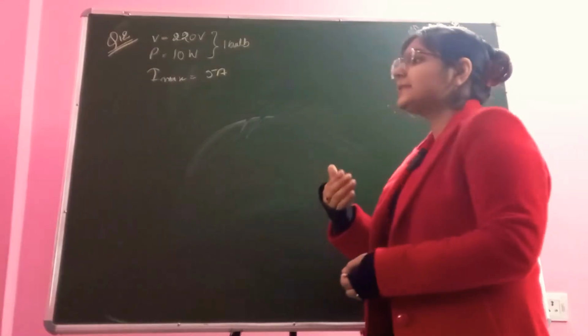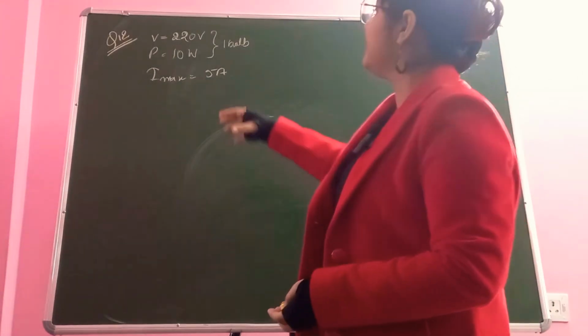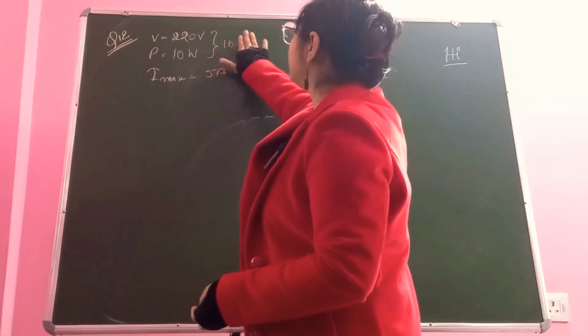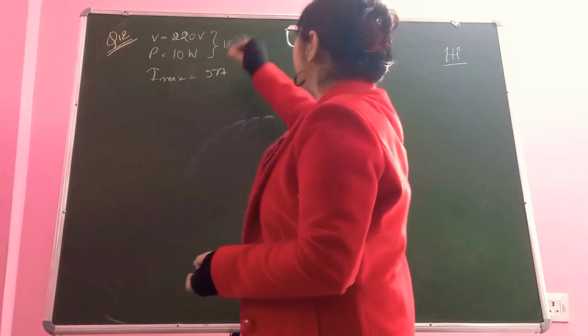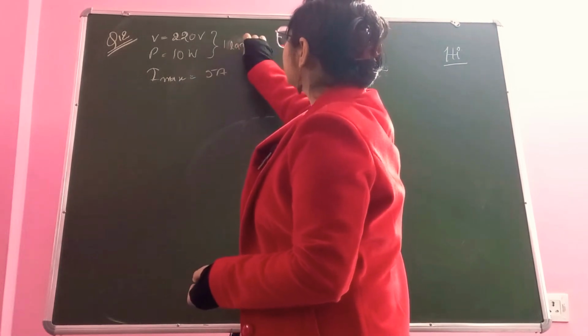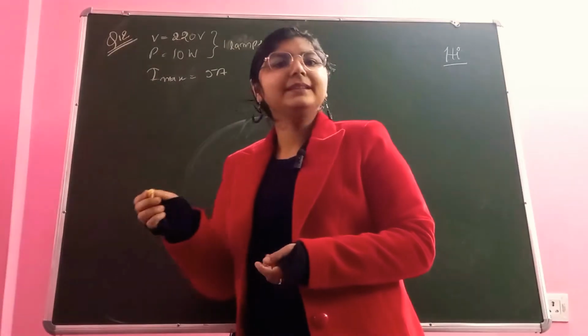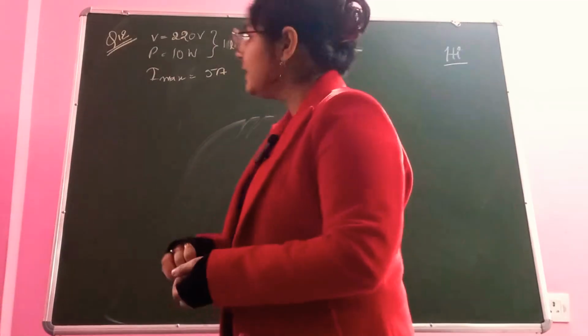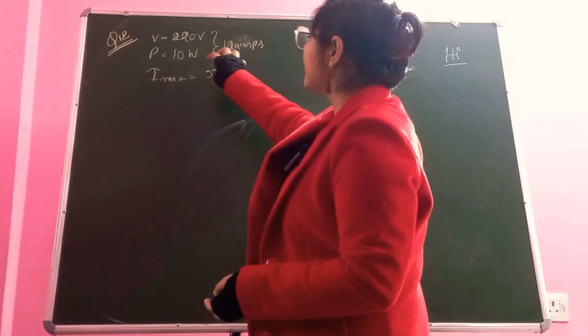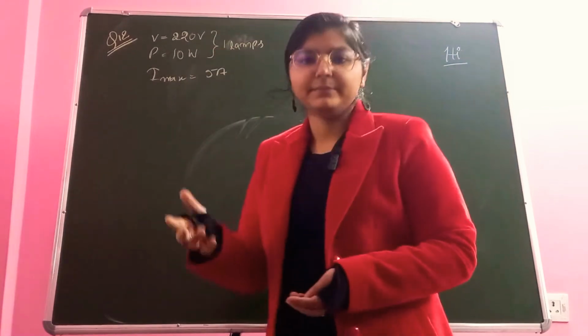Now the question is asking you how many of these lamps, not bulb, these are lamps, should be connected so that the maximum current gets to 5 ampere.